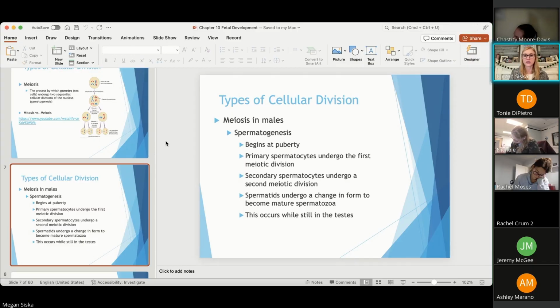You have these primary spermatocytes, brand new sperm that are starting that journey. They undergo the first division, then the second division, and gradually they mature into their final form, the spermatozoa, what you and I think of as mature sperm. All of this happens in the testes of males.